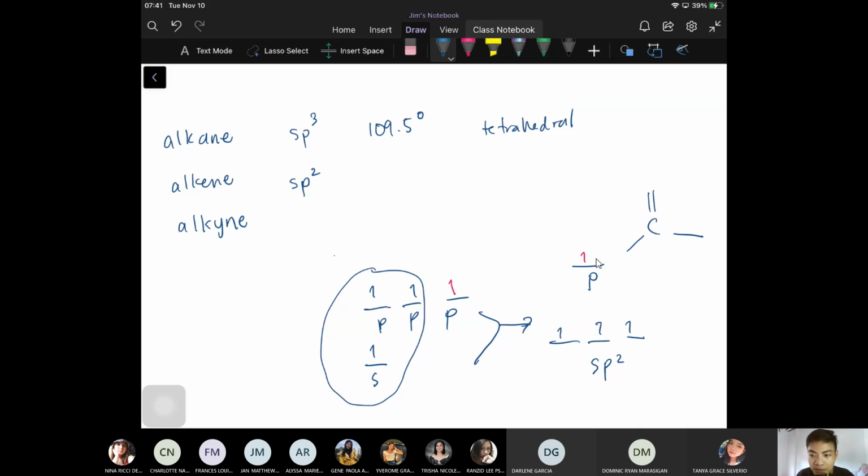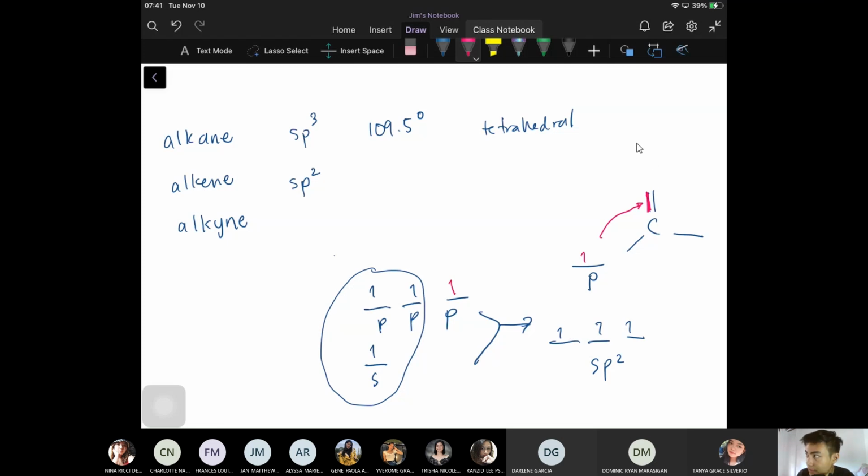Ano ginagawa ng isang p orbital? So, the p orbital is used to create the pi bond or the double bond. So, ito yung p orbital na yun. Okay? So, yan lang yung alam natin about carbon whenever nasa alkene siya. Kapag alkene, ang carbon may double bond because 3 are used to create bonding groups, and 3 are used to create bonds with other atoms.